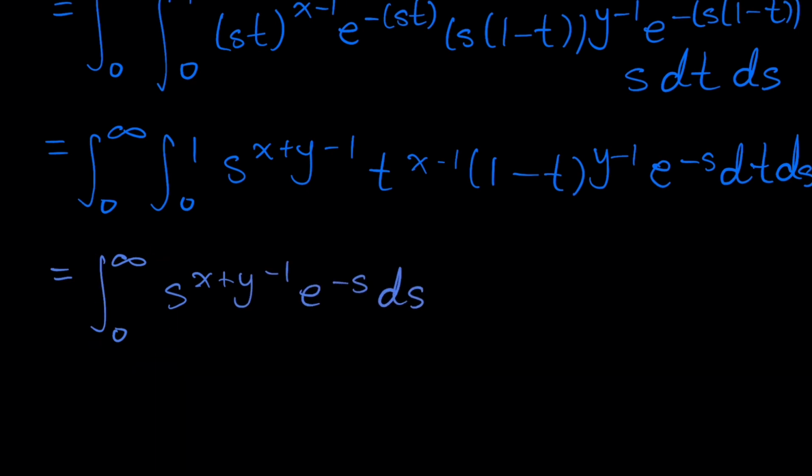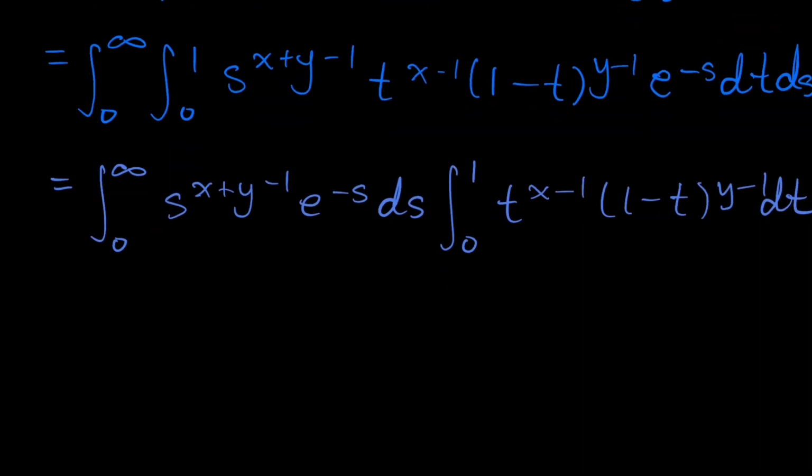Now notice that we have ds over here because the limit 0 to infinity associates with the variable s. And so does the second one, from 0 to 1 of t to the x minus 1, 1 minus t, to the y minus 1 dt.